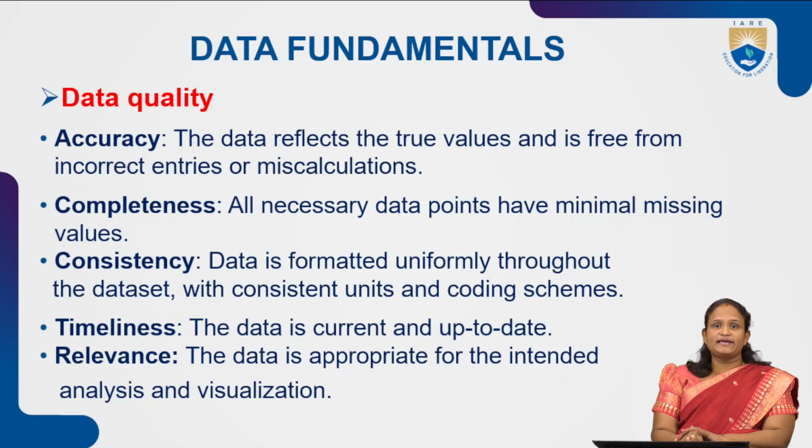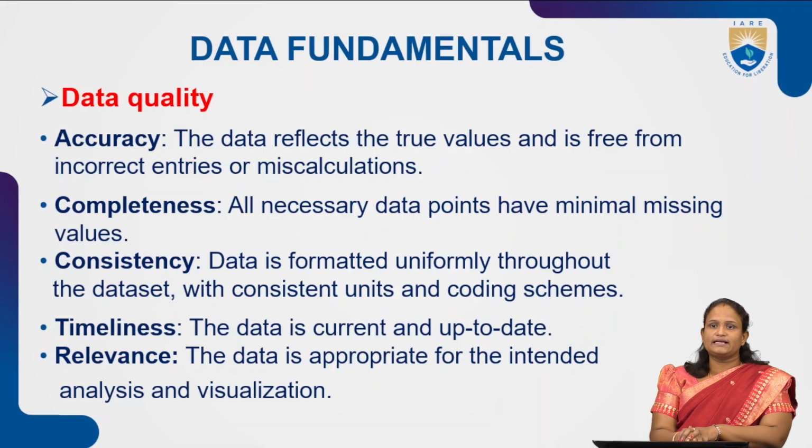And what are the 5 characteristics to measure data quality? First one is accuracy. The data reflects the true values and is free from incorrect entries and miscalculations. Completeness. All necessary data points are present with minimal missing values. Consistency. Data is formatted uniformly throughout the dataset with consistent units and coding schemes. Timeliness.